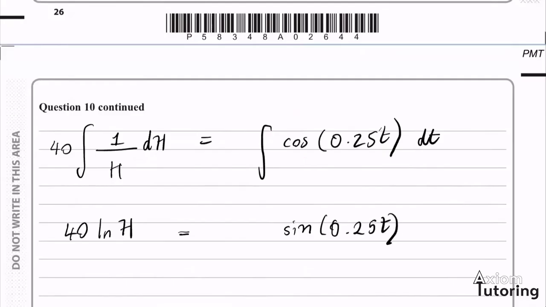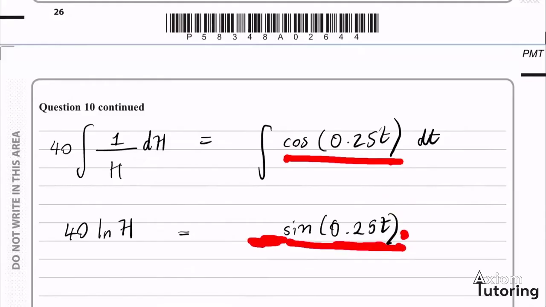But then we need to adjust for the constant that we get out of what's inside the trig function. So I like to think of it as going backwards. When we integrate cos, we get sine of 0.25t, but then what is the constant missing in front here?